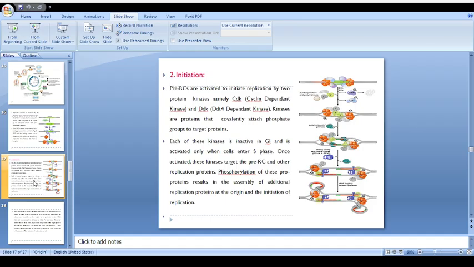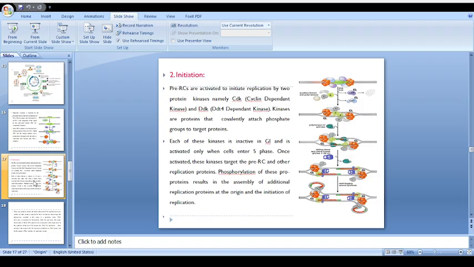The pre-replication complexes are activated at the second stage of replication, that is initiation. It initiates the replication by two protein kinases, namely cyclin dependent kinase, CDK, and CDC7 dependent kinase. What is kinase? Kinase is responsible for the addition of a phosphate group to the target protein.